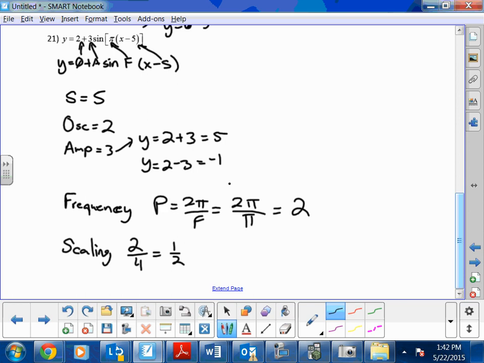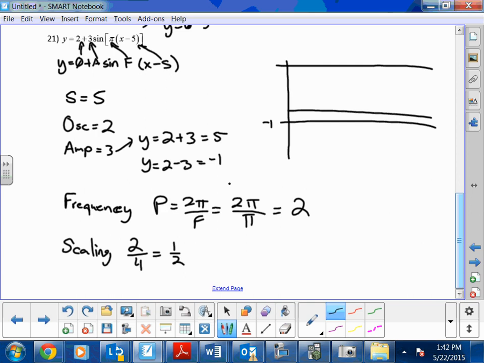Now, one of the things that we are going to do is that, remember, they want you to draw 2 cycles. Now, first of all, we are going to have a line that is y equals negative 1. So let's go ahead and delineate that there. And then we'll also have another line which is 5. Now, something else that's going to occur.